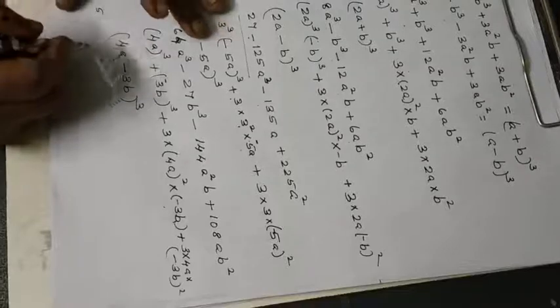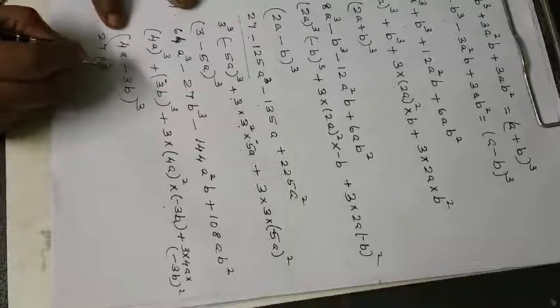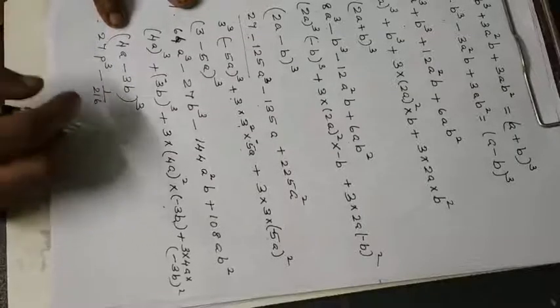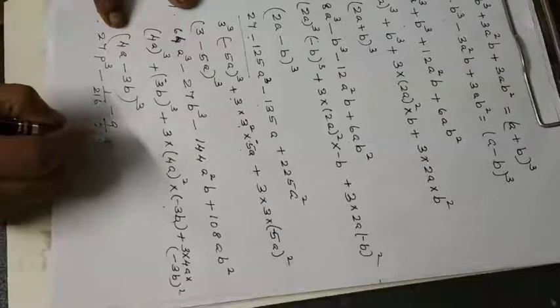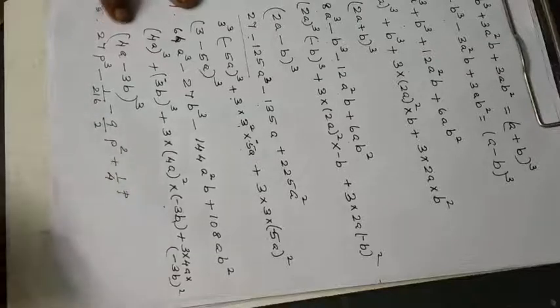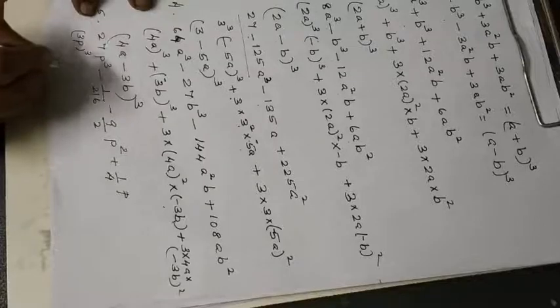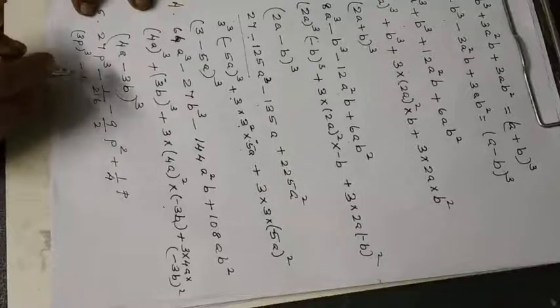Now fifth one, 27p cube minus 1 by 216 minus 9 by 2 p square plus 1 by 4 p. Now 27p cube, that is 3p the whole cube. Now 216 means it is 1 by 6 the whole cube.